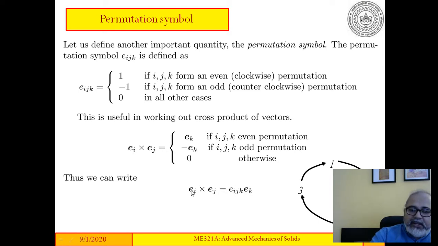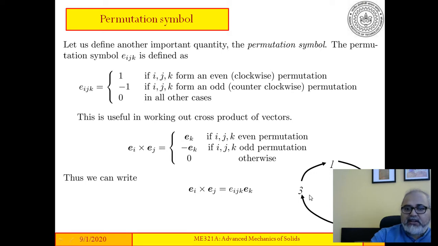Now take E2 cross E1. So I is 2, J is 1 and you have 2, 1, K EK. In 2, 1, K, the only non-zero contribution is 2, 1, 3.